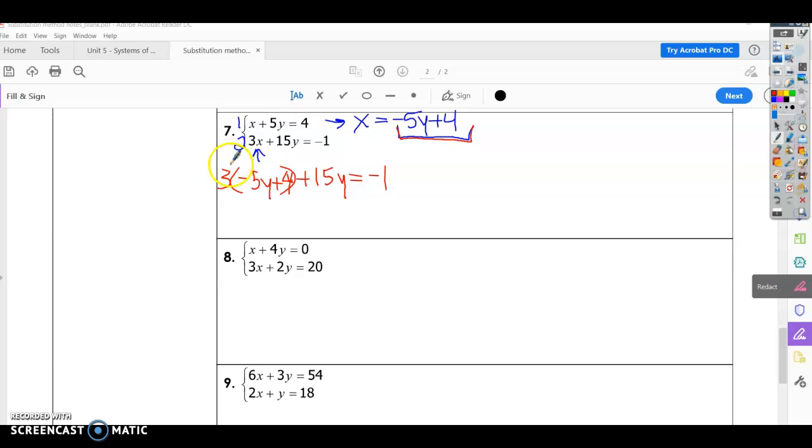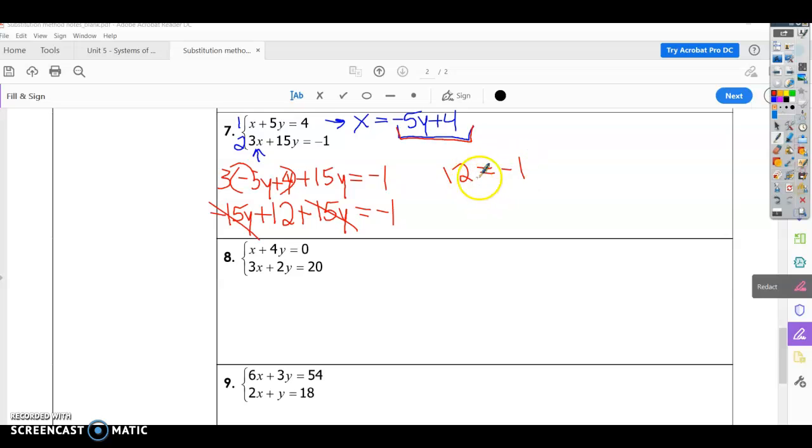Again, I'm going to distribute, so I've got negative 15y, and I've got 3 times 4, which is 12, and then plus 15y equals negative 1. The negative 15y and the positive 15y are on the same side, so those cancel. Combine like terms, negative 15 plus 15, they drop. So then I have 12 equals negative 1.